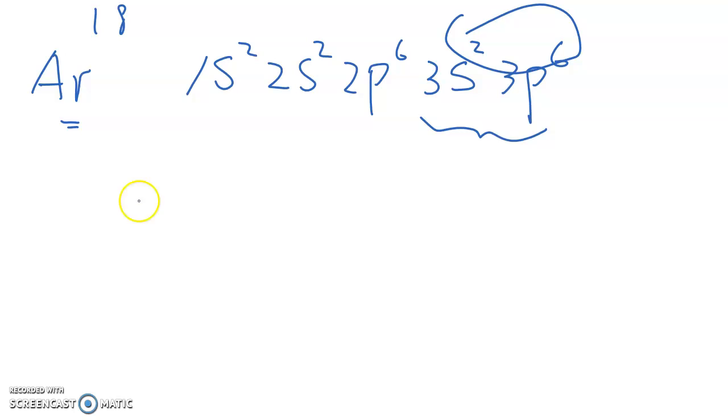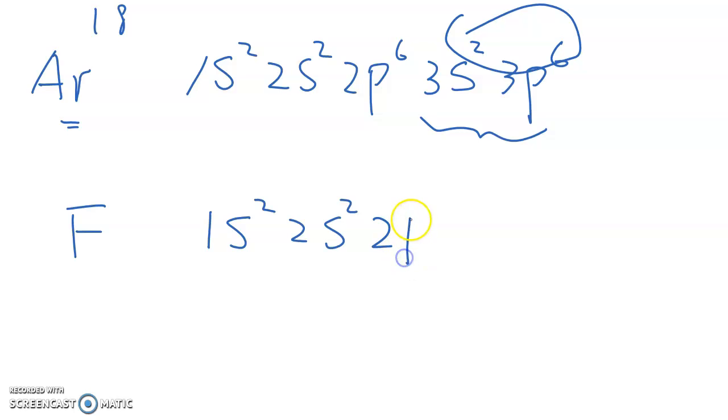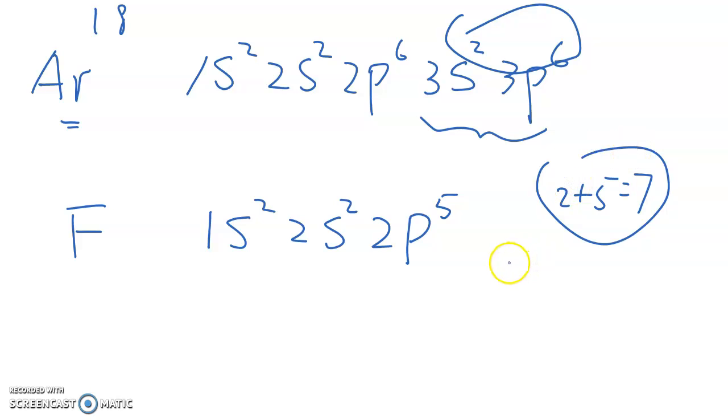Let's say fluorine, for example. It has 9 electrons, and therefore the configuration will be 1s2, 2s2, 2p5. And that's how we know that there are 2 plus 5 equal to 7 valence electrons.